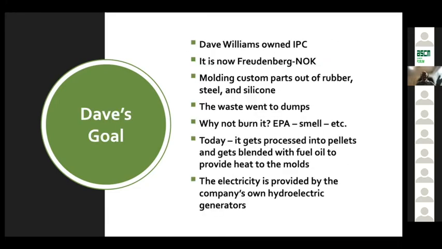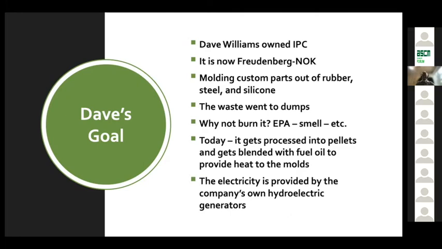I started out in manufacturing in New Hampshire, and I was working for a company called IPC, International Package Corporation. We had a major customer in Connecticut, Torrington Bearings in Torrington, Connecticut. They were a huge customer of ours, but we made grease and oil seals.